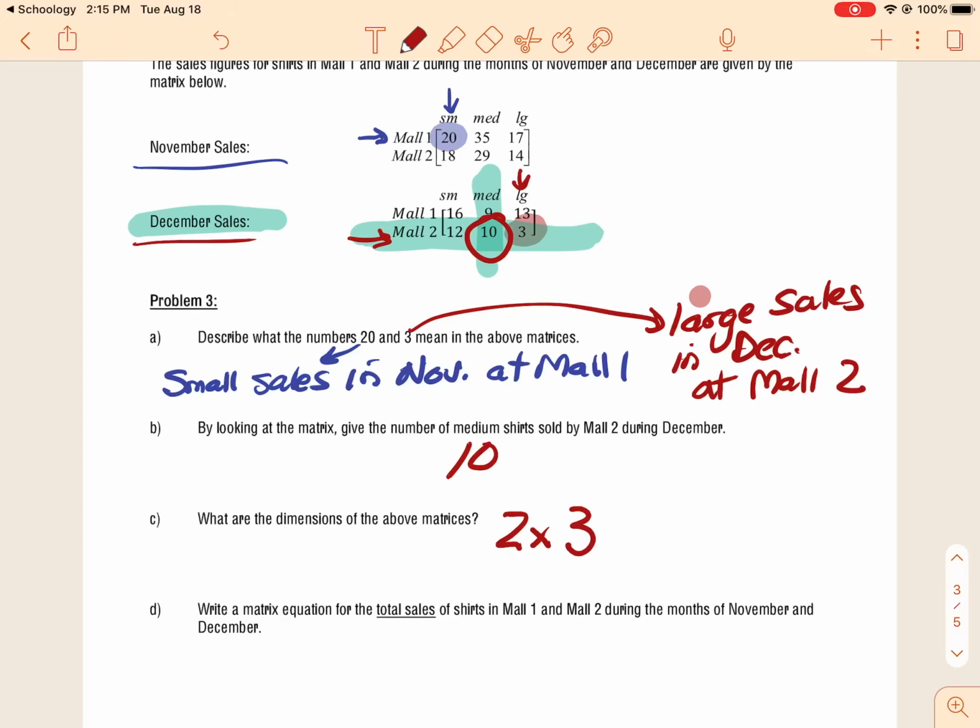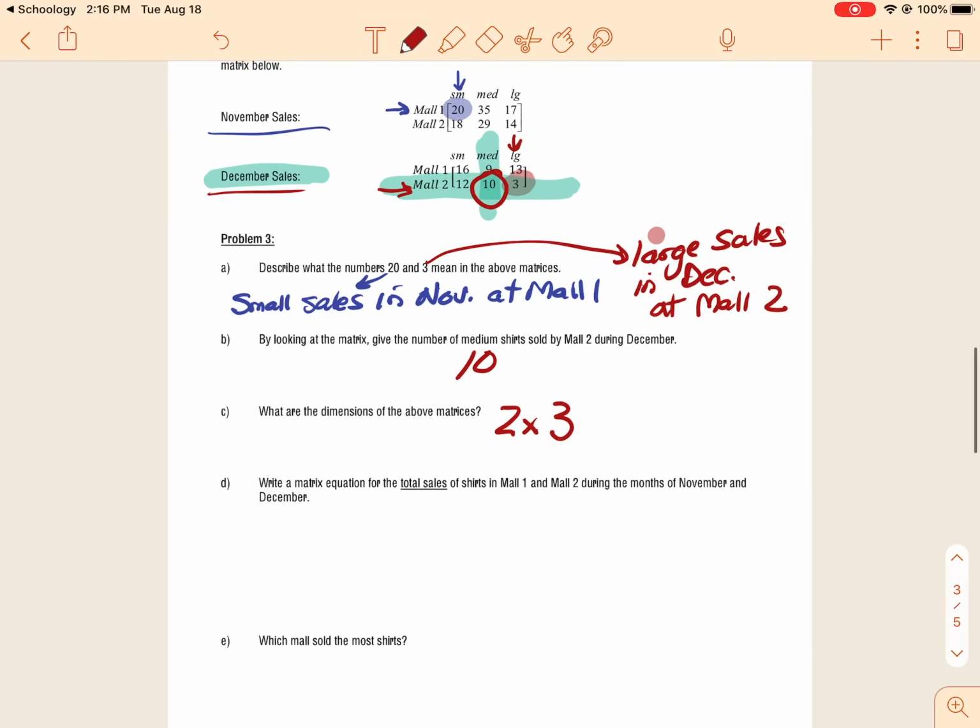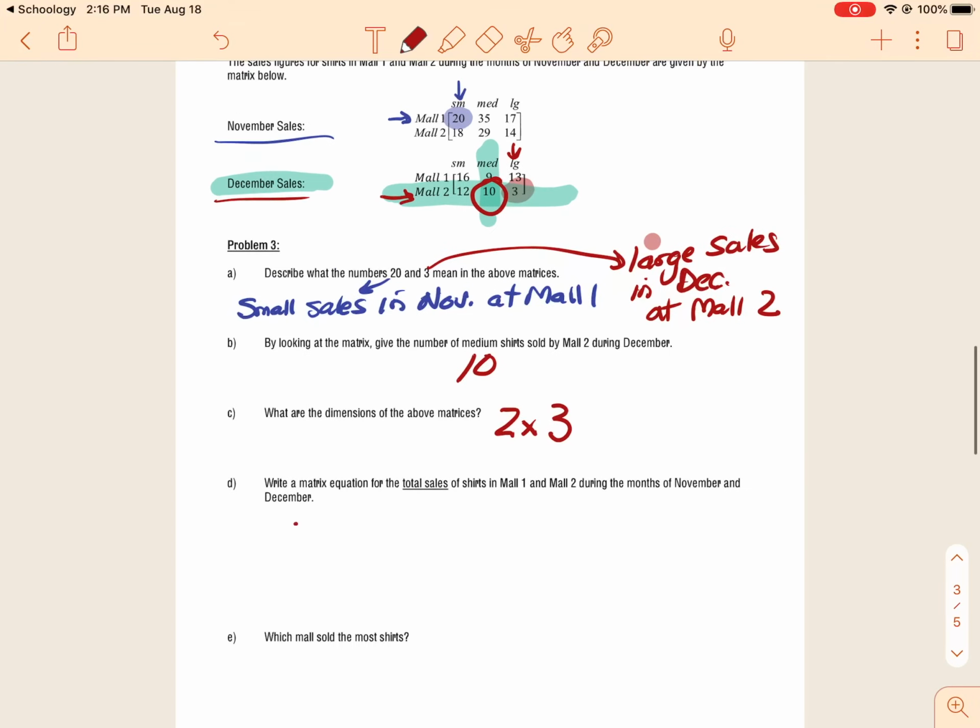And then what if we wanted to make the total sales? What do we do to each of those? We add them together. So we would take our November 20, 35, 17, 18, 29, and 14.